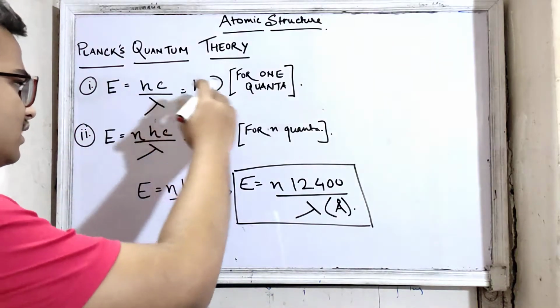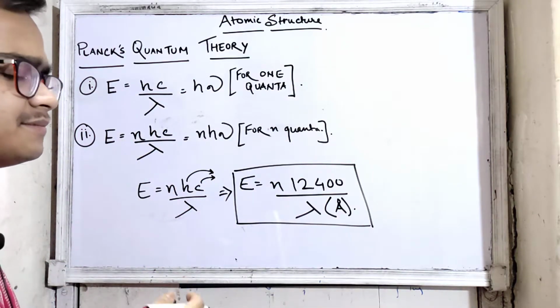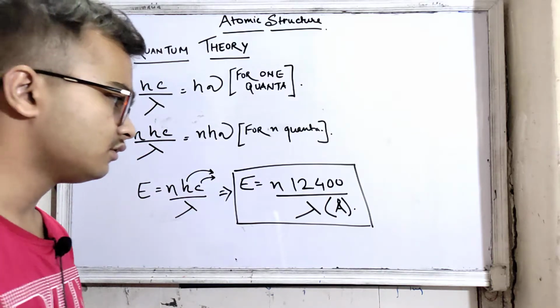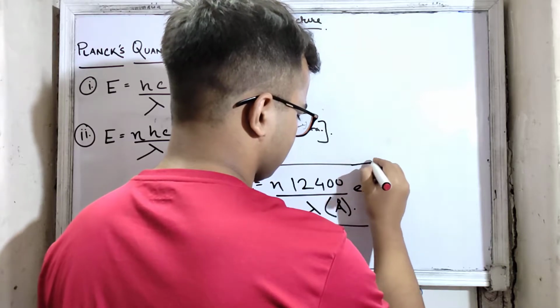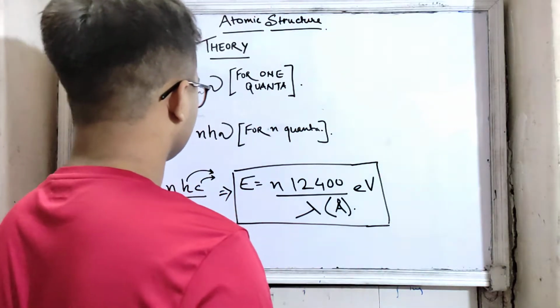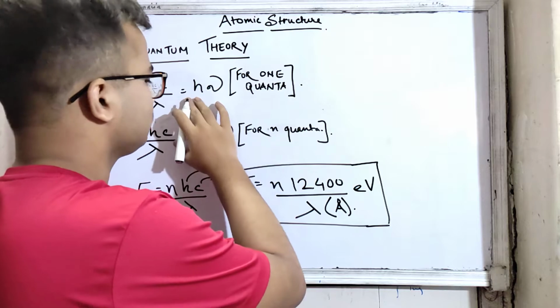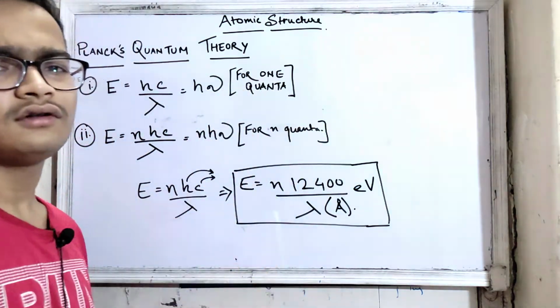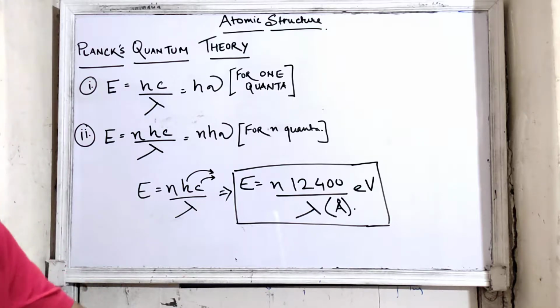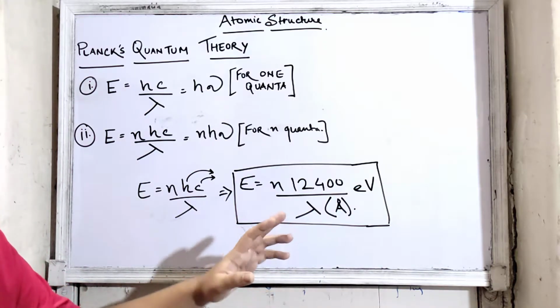Now in all the cases, the energy is measured in electron volt. So let's write here electron volt. It can be in electron volt also, it can be in joules also, but this formula is only applicable for electron volts.